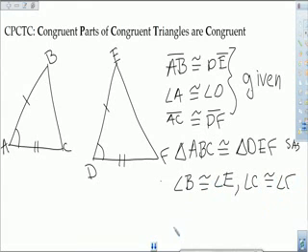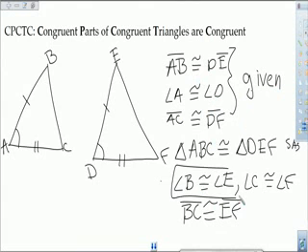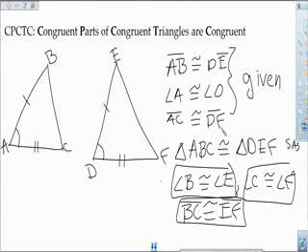Okay. And when those are given, we have, what is that? Side, angle, side. So I know that triangle ABC is congruent to triangle DEF. And previously, this is where we stopped. We said our triangles are congruent, and we're going to stop right there.